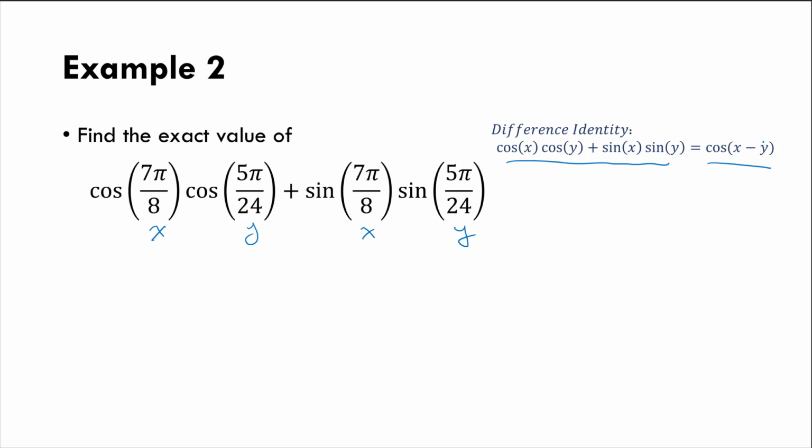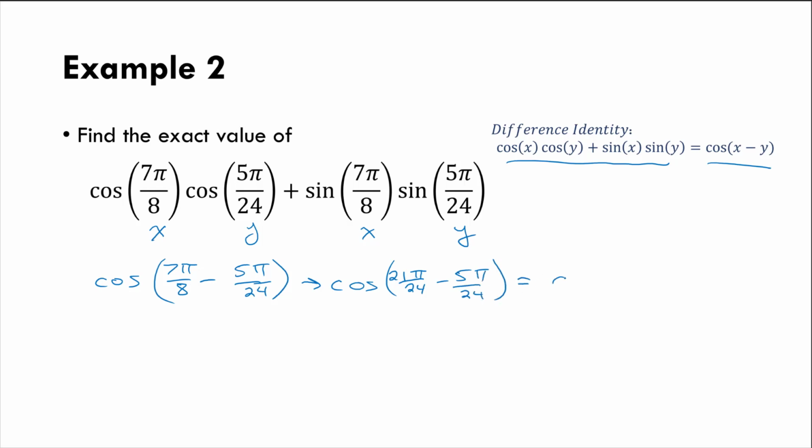So we can simplify this to just cosine of x minus y. So cosine of x, which is 7 pi over 8, minus y, which is 5 pi over 24. We can simplify this: 7 pi over 8 is going to be 21 pi over 24, minus my 5 pi over 24.